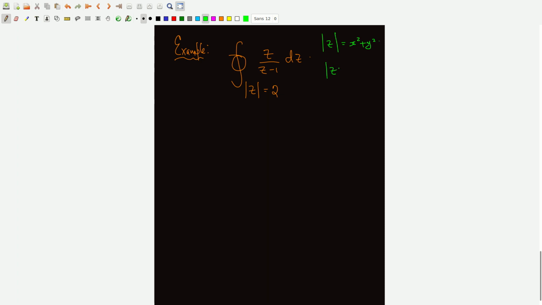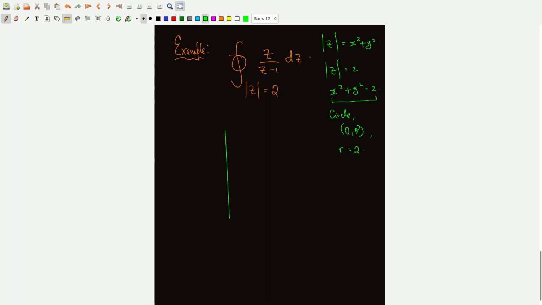When we have modulus of z equals 2, we simply mean that x squared plus y squared equals 2 squared, and I hope you know that this is simply a circle centered at the origin and having radius 2.